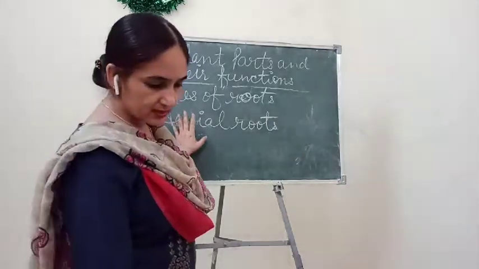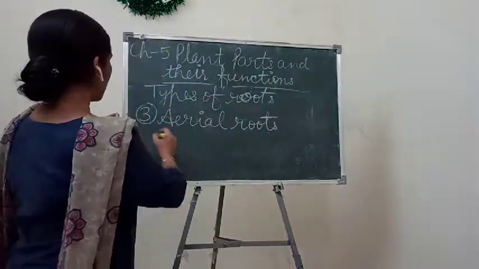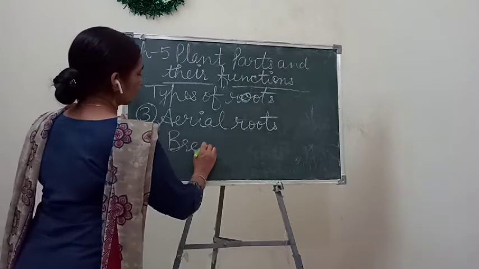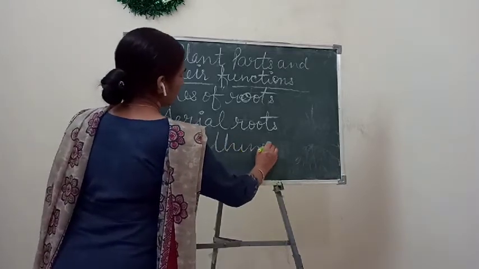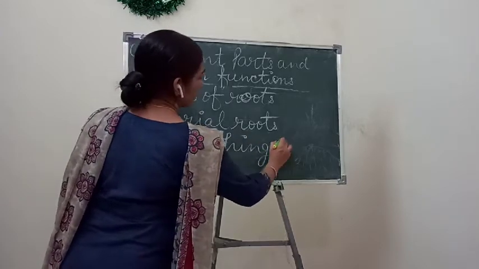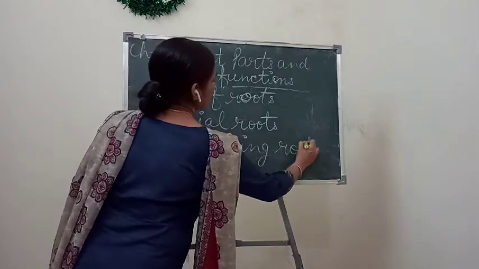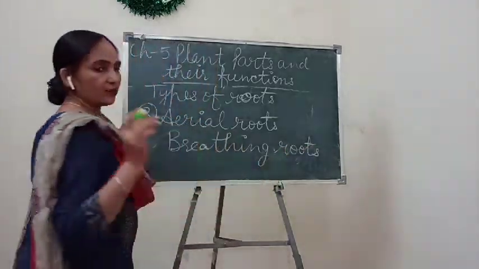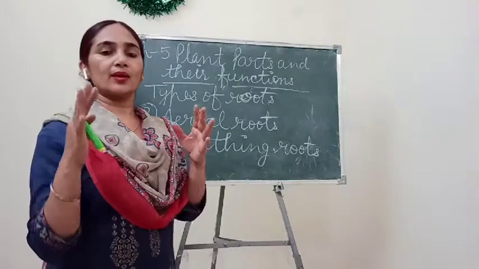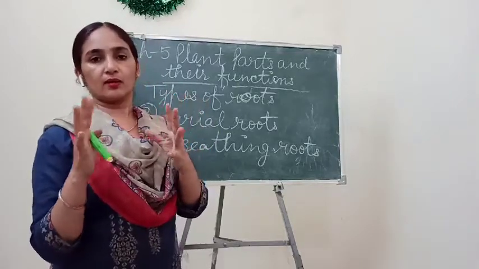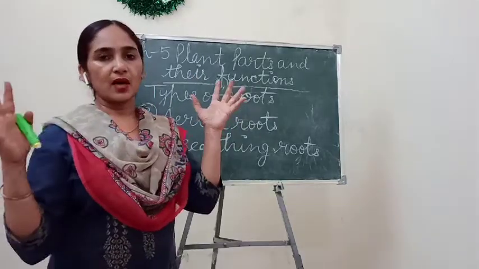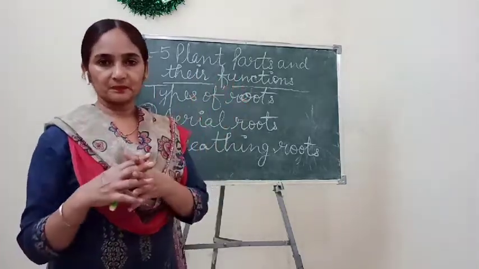So after this, I explained to you that day the fourth category, which is breathing roots. Have you remembered? Breathing roots we have studied in the case of mangrove plants. Mangroves are a special category of plants which grow in marshy areas, where rivers meet the sea.